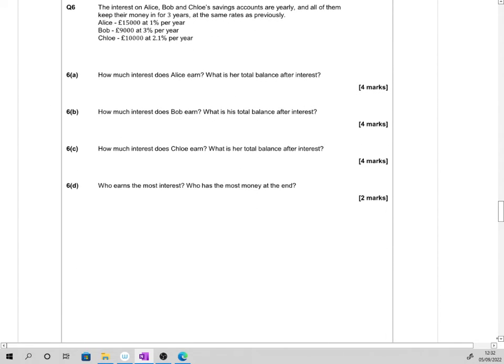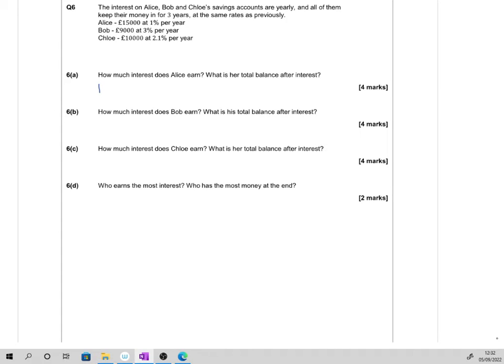The interest on Alice, Bob and Chloe's savings are yearly, and all of them keep their money in for 3 years at the same rates. How much does Alice earn, and what's her total balance after the interest? Well, we just take her total balance away, yeah?